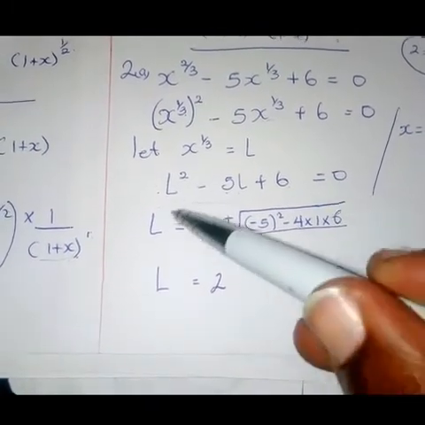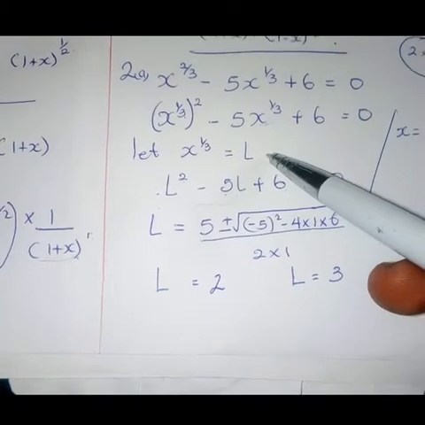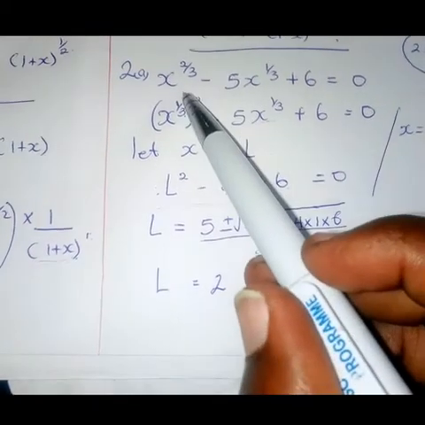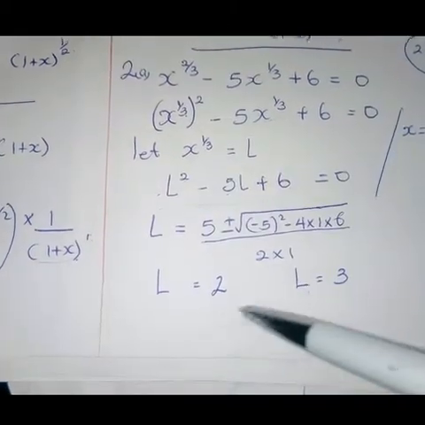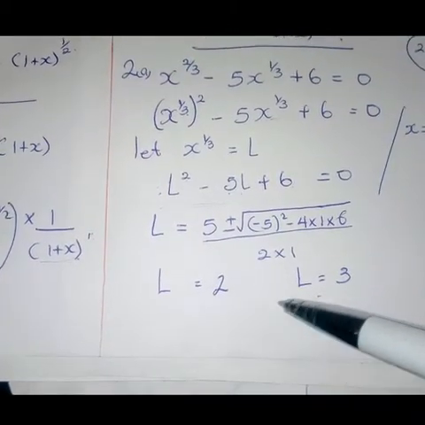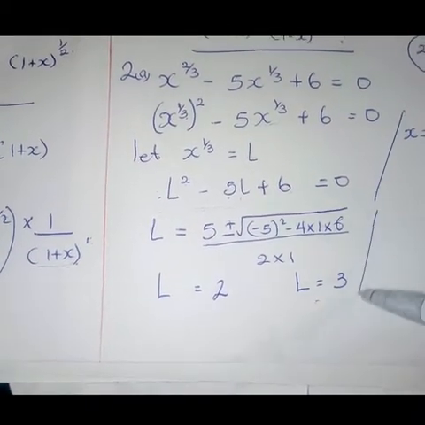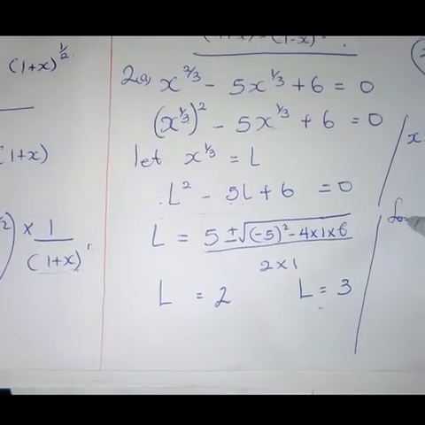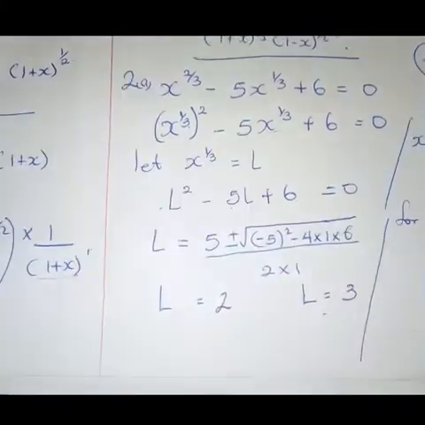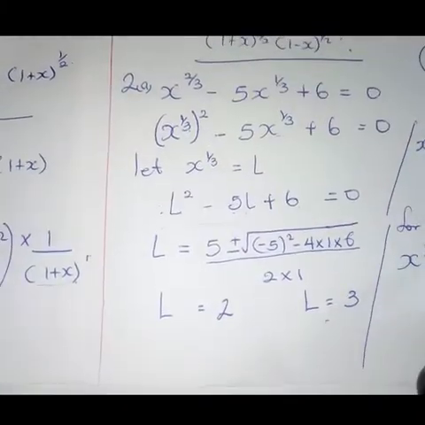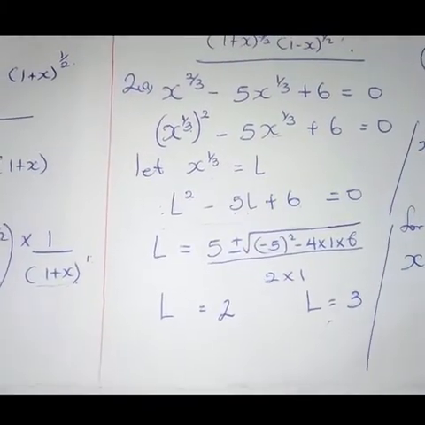So these are not actually the values that I want. It is me who introduced the L from here, but what I need to solve in the question is x. So I'm going to use these two values of L to look for the unknown x. So I'll start. For L equals 2, remember L is equal to x to the power a third, I'll have x to the power a third equals 2.